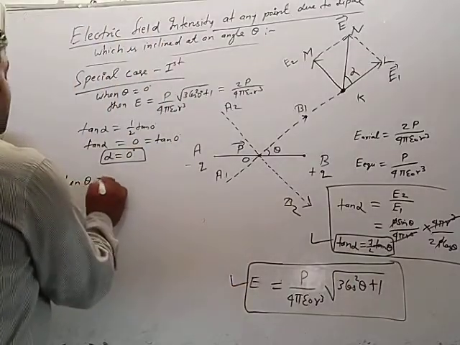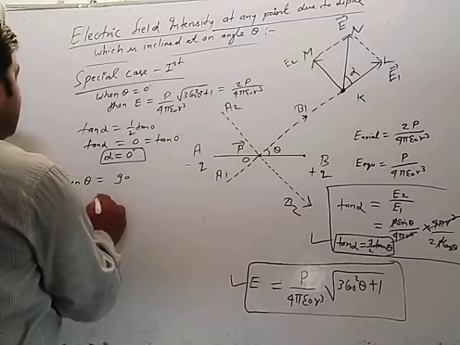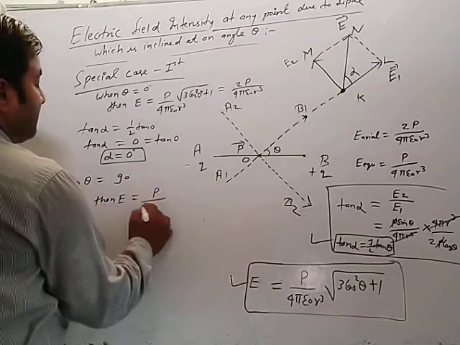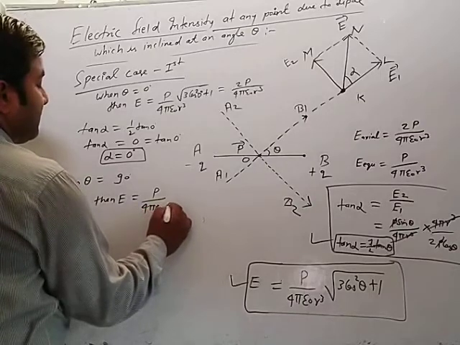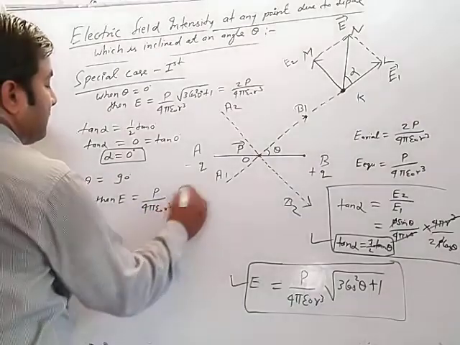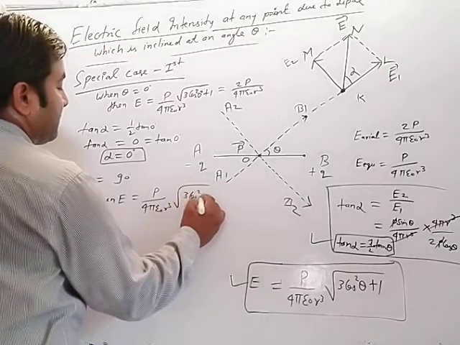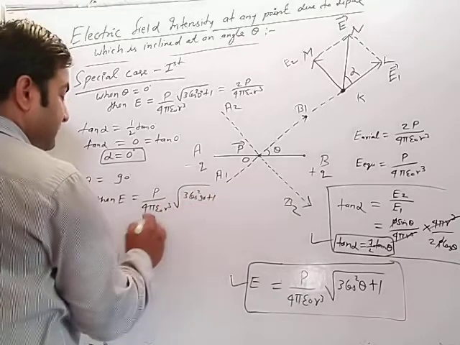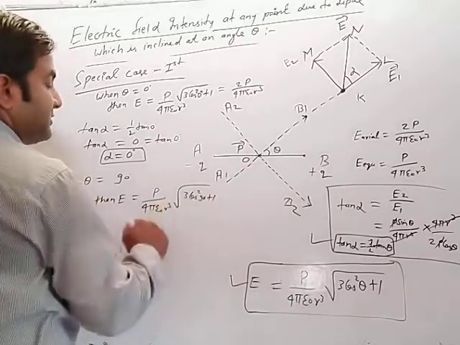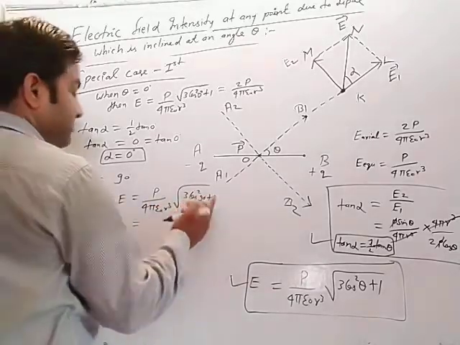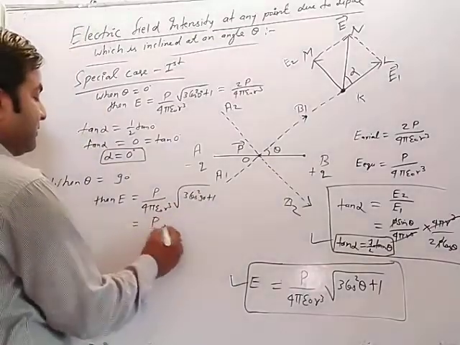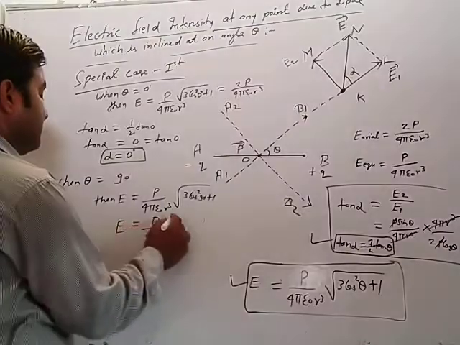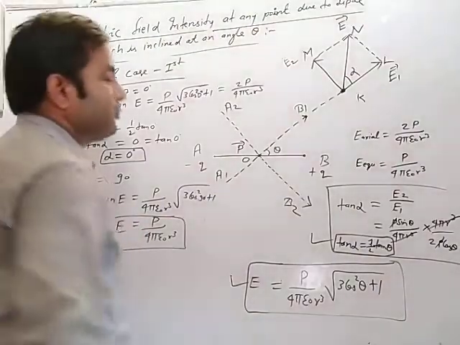So put theta equal to 90 degree, then E is equal to P upon 4 pi epsilon naught r cube square root of 3 cos square 90 degree plus 1. Cos 90 is 0, so 3 into 0 is 0, plus 1 is 1, square root of 1 is 1, so P upon 4 pi epsilon naught r cube. This is the value of intensity in the equatorial condition.